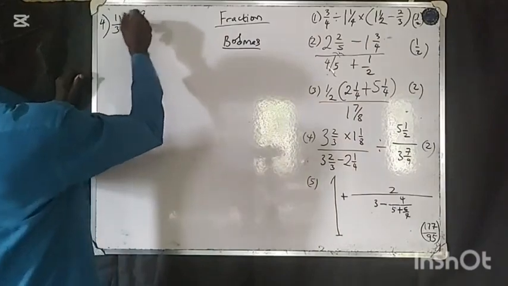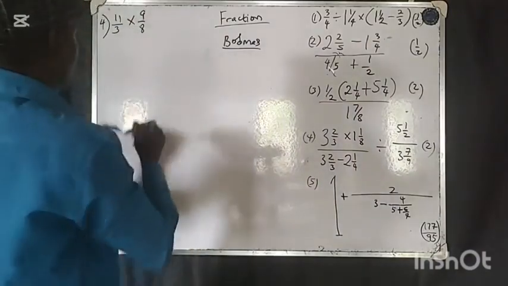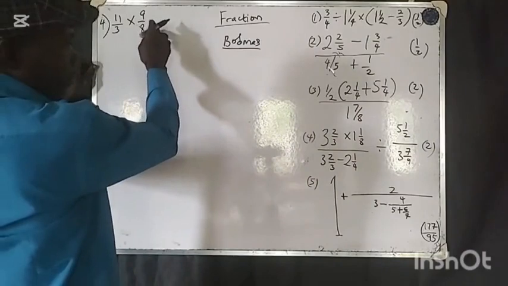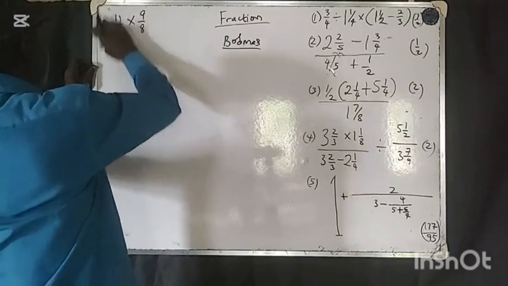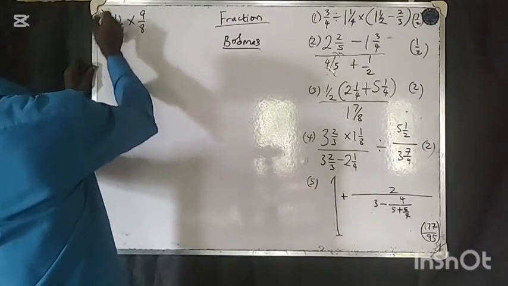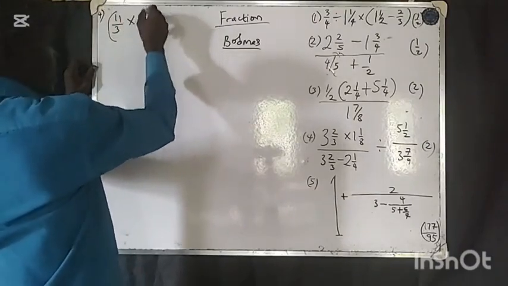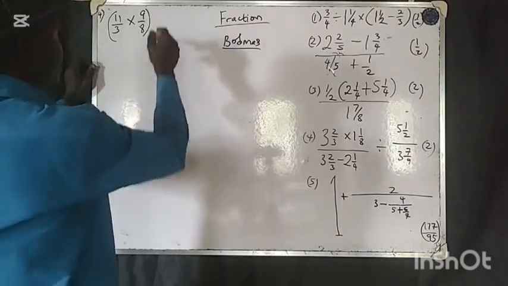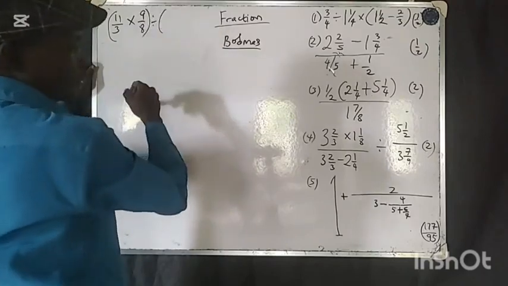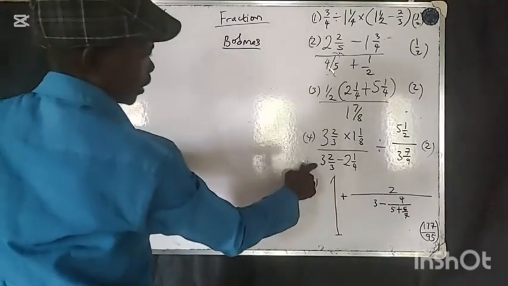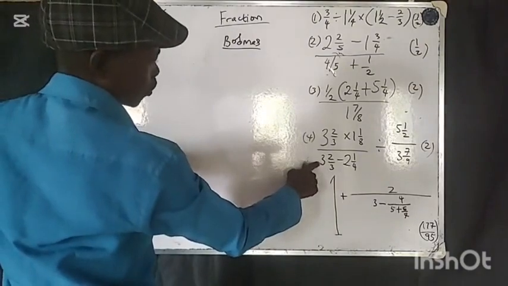9 over 8. Then we have divide by. So let's divide it by the down one. The down one is this. 3 times 3 is also 9.